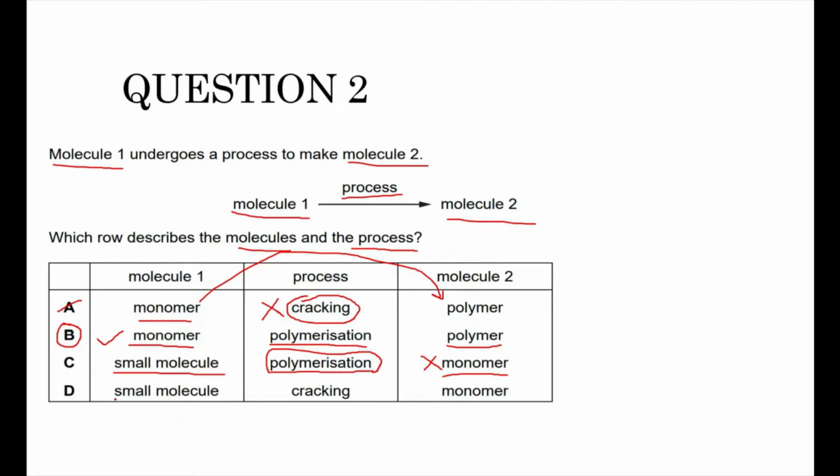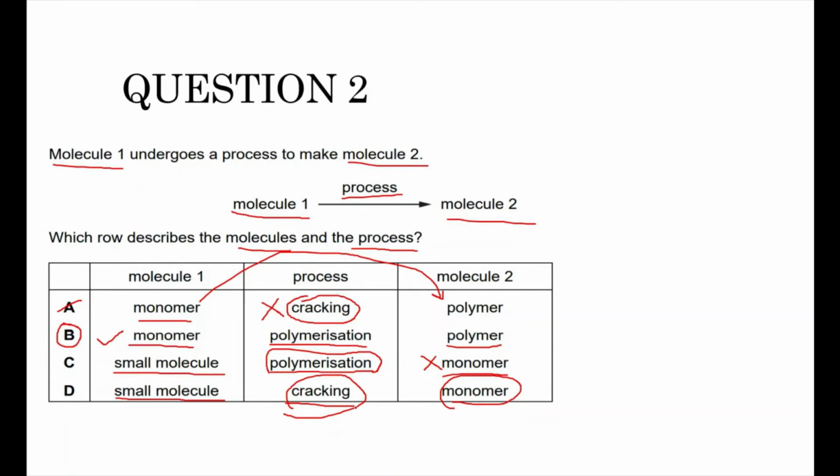For D, it says molecule 1 is a small molecule, process is cracking, and molecule 2 is a monomer. No, cracking is a process where heavy hydrocarbons are broken down into smaller hydrocarbons, right?